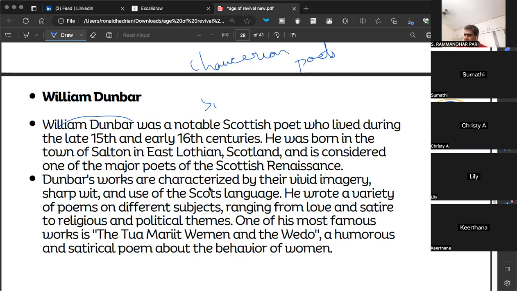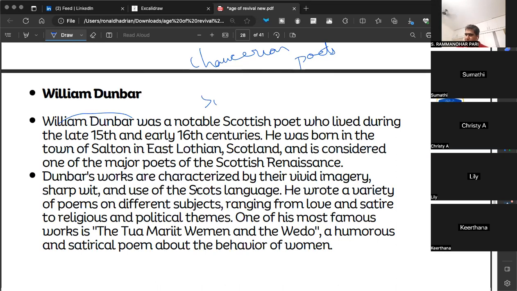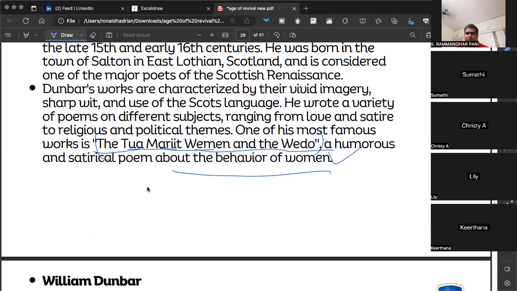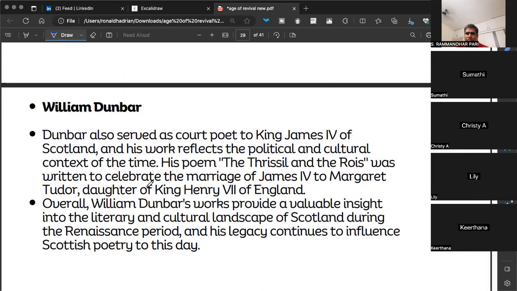Okay, so remember him. And another thing is, one of his famous works, this alone you remember, The Two Married Women and the Widow, a humorous satirical poem about behavior of women. It's in old English, okay? And Scots, they have different kind of language.